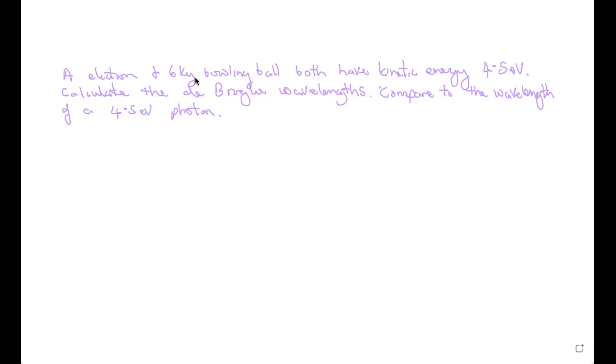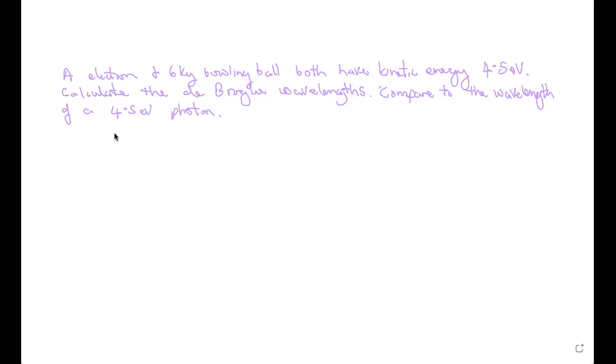Its speed is much smaller than the speed of light. And so I can use, for the bowling ball and for the electron, the non-relativistic expression relating kinetic energy and momentum. And so that's what I'm going to use here as I calculate the momentum.